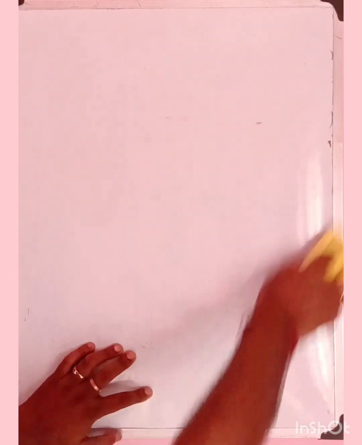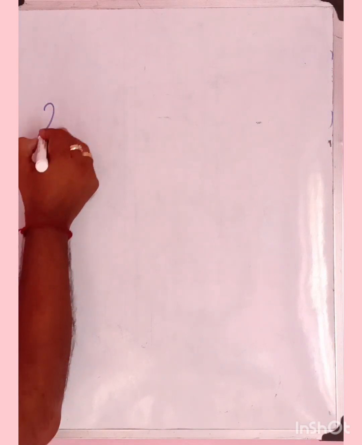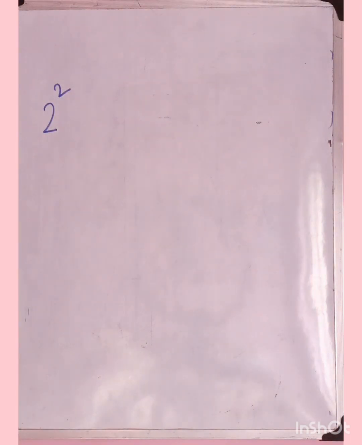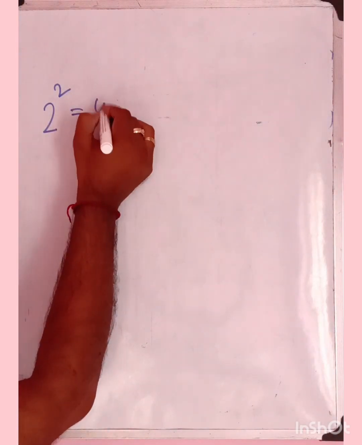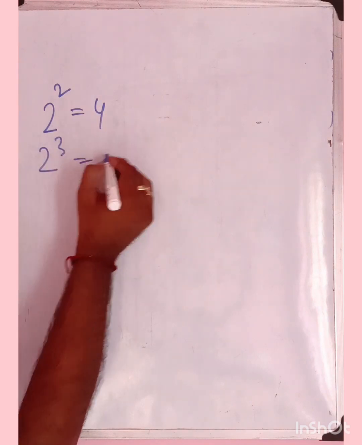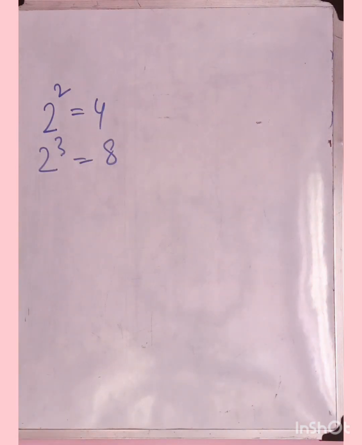Next thing to learn is, suppose 2 square, that is 4, 2 cube, 8.